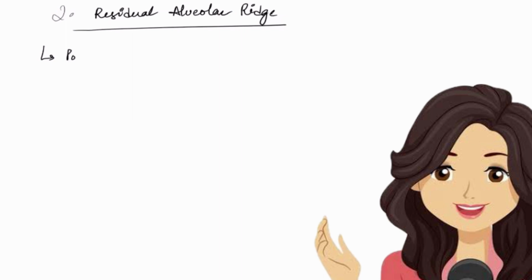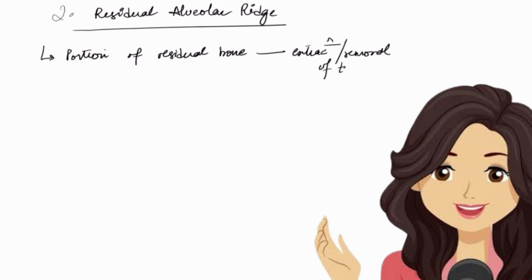So what is the residual alveolar ridge? The portion of residual bone that remains after extraction of teeth. When extraction is completed, the portion of the residual bone that remains after extraction or removal of teeth is called your residual alveolar ridge, right?